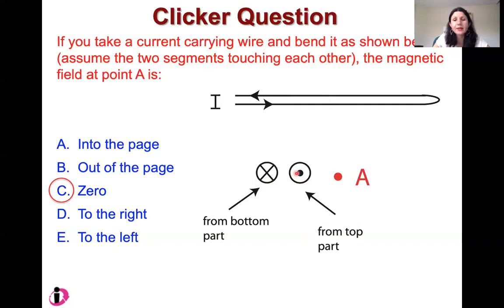So if the one coming out of the board is smaller, then the one coming into the board would be bigger. When you subtract those two, the into the board wins, so you get a magnetic field into the board in that case. It's just a good follow-up thought process. But when they are perfectly on top of each other, touching each other, they will have the same magnitude, same distance away from the wire, opposite direction, so the sum of the two will be zero.